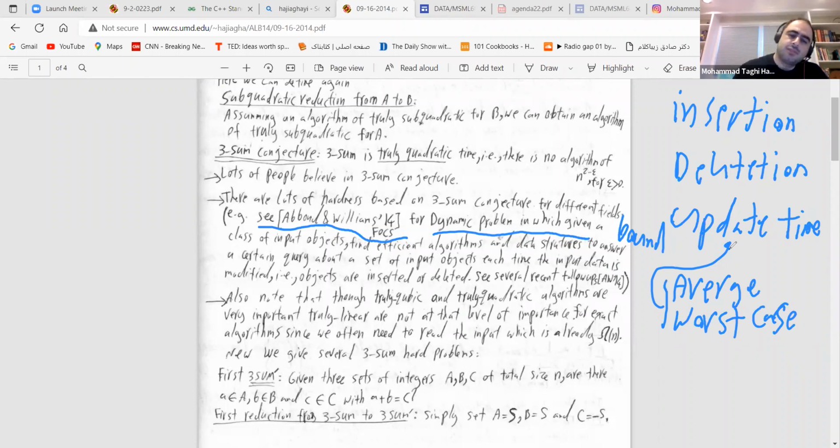And I think we discussed before that we really talk so far about two important things. We talk about truly cubic or truly subcubic and truly subquadratic algorithms. But maybe we don't talk about truly sublinear.